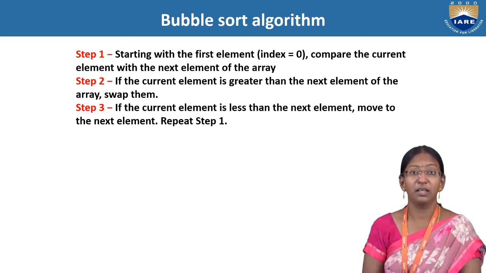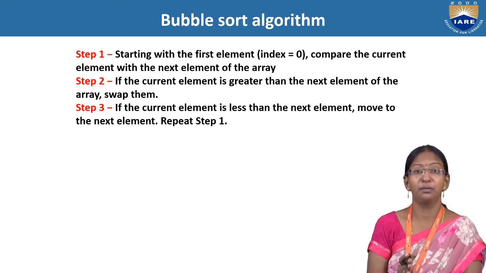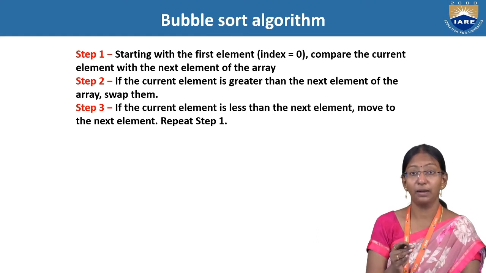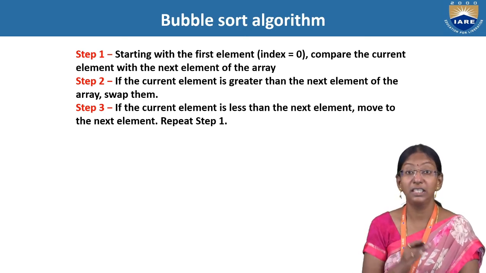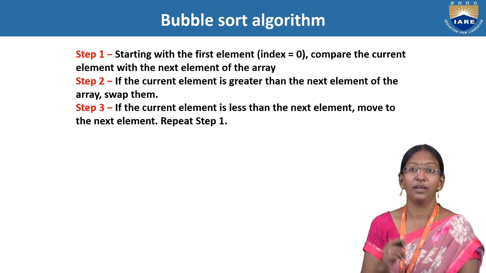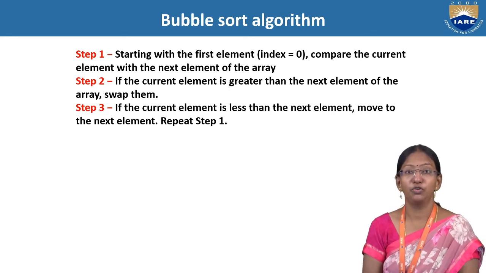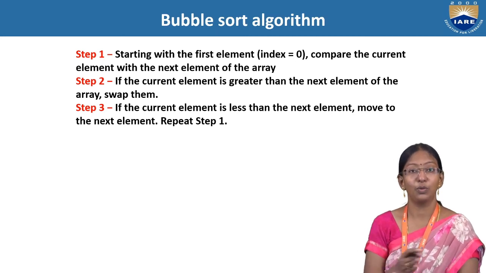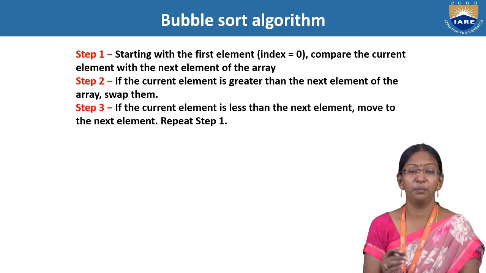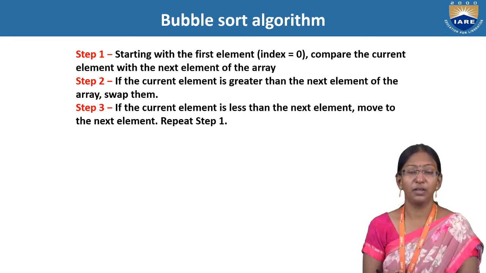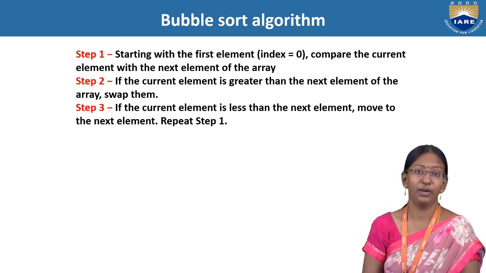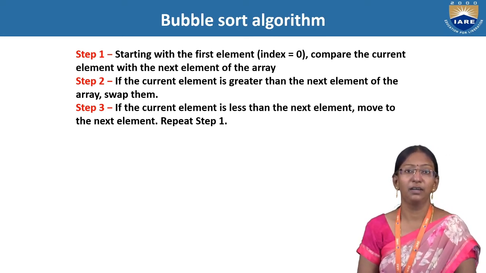If the current element, the one pointed by index 0, is greater than the element at index 1, we swap the elements. Guys, please remember, I'm talking about sorting the elements in ascending, increasing order. Repeat the same, go to step 1, until you reach the end of your list, right? This is the simple algorithm for your bubble sort.